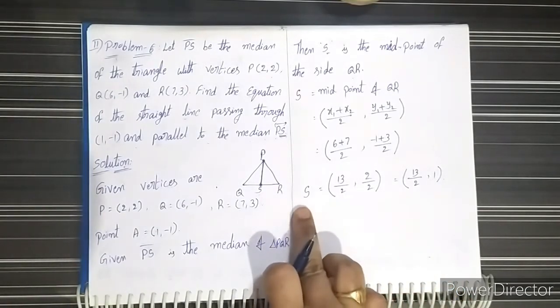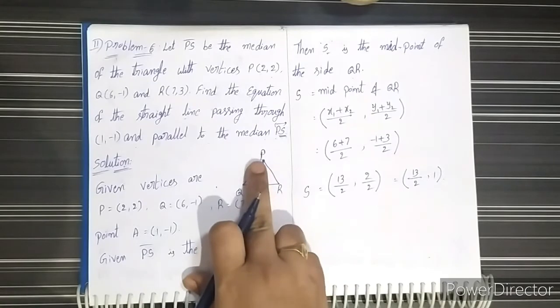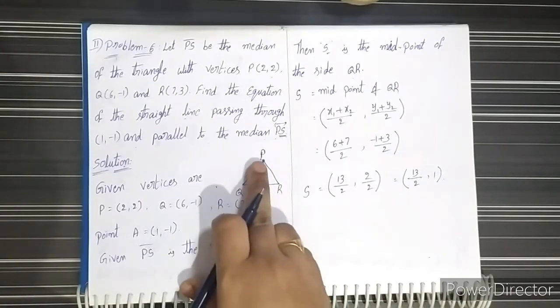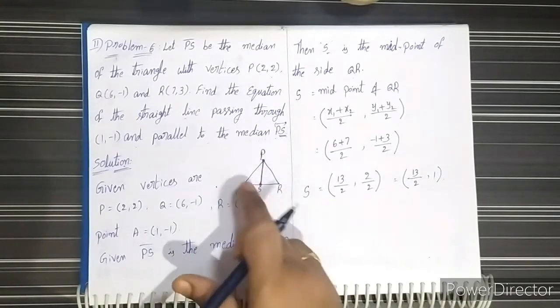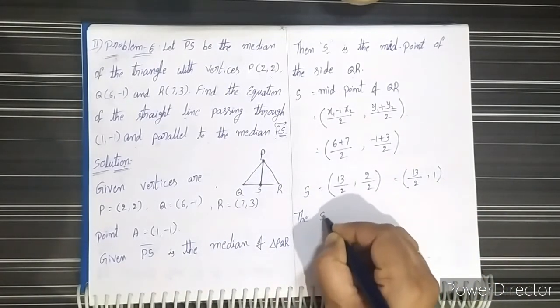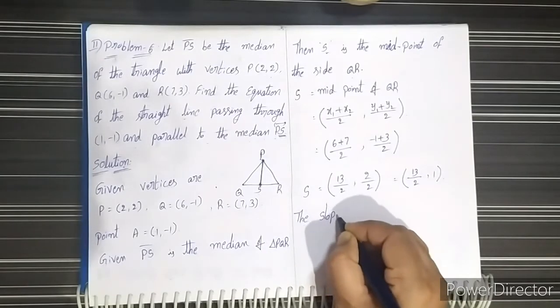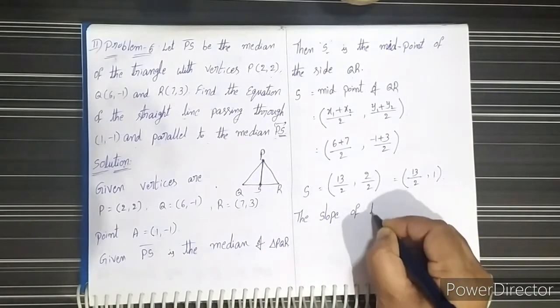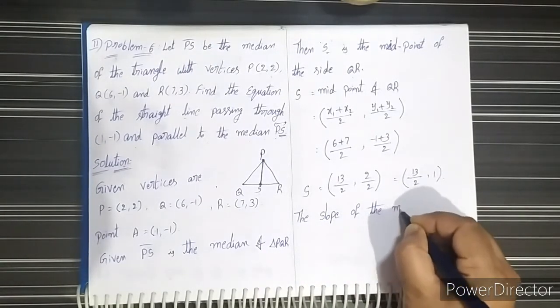Then by using this midpoint and the point P, we have to find the slope of the line PS, or the slope of the median PS.